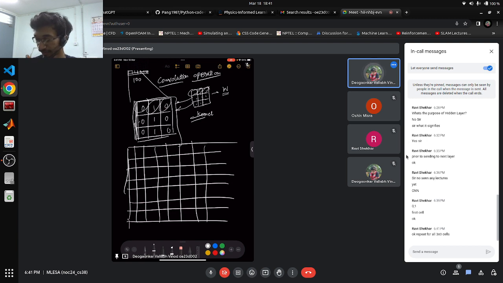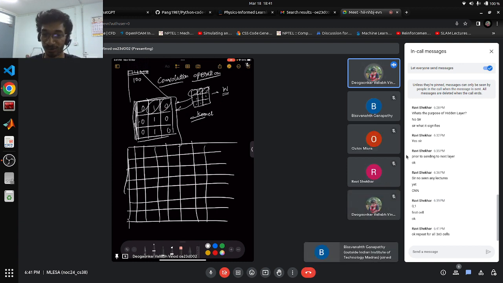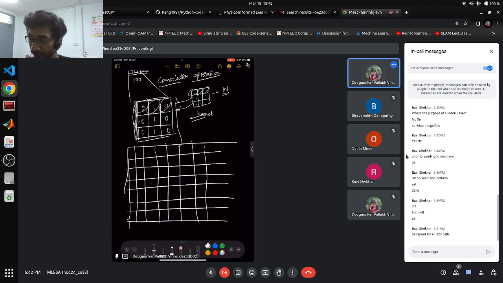Let's say you had some big image. There are some more factors that come into play. This 3 cross 3 kernel I will try to put over this part first.